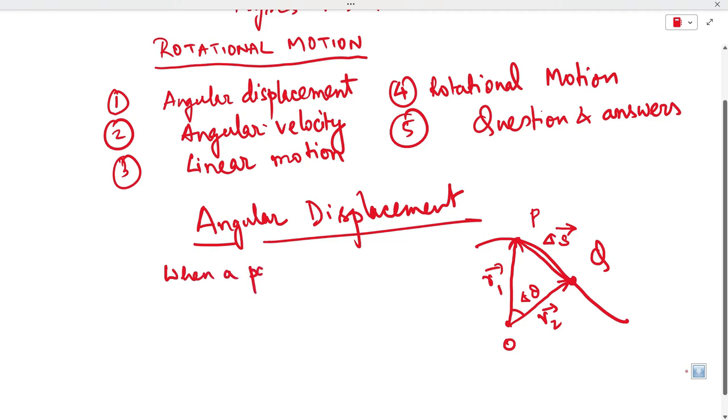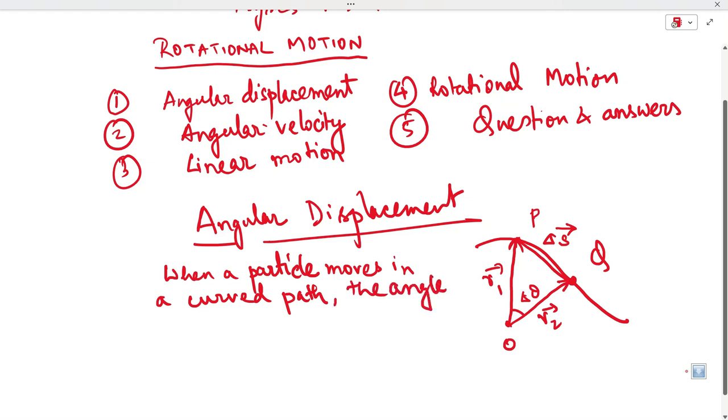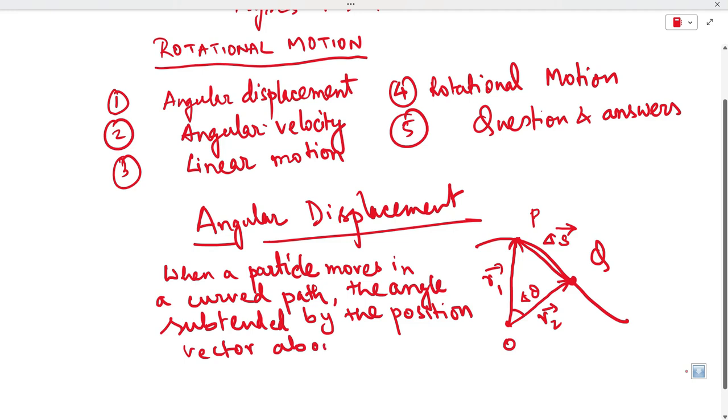When a particle is moving in a curved path, the angle subtended by the position vector about a fixed point is known as angular displacement.